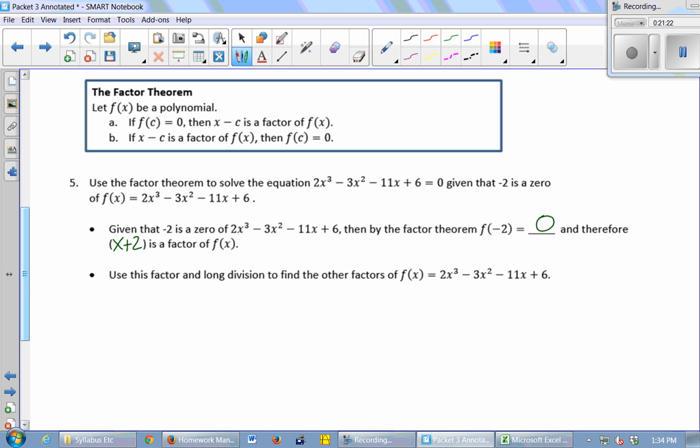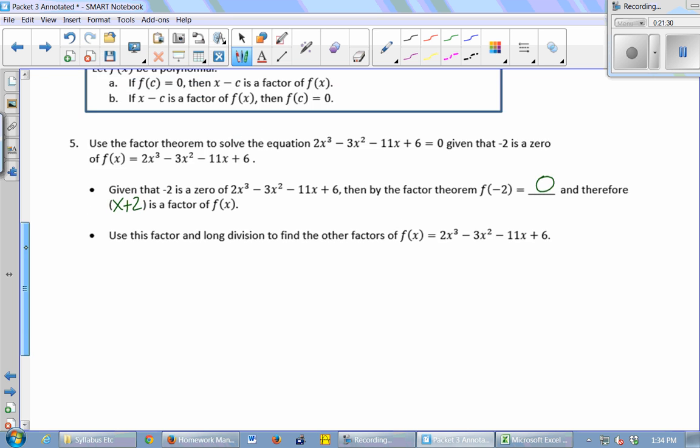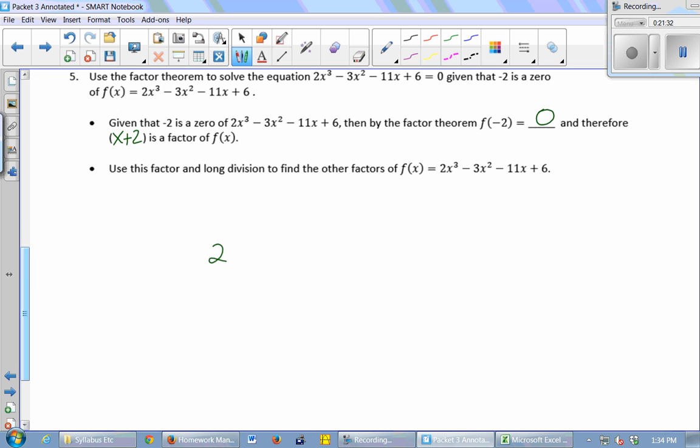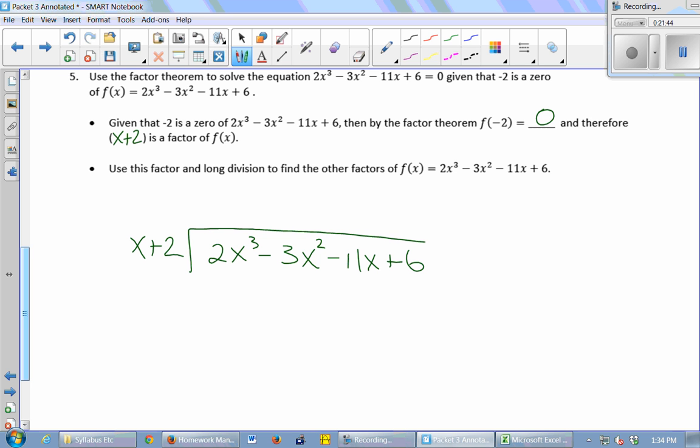X plus 2 is a factor. So then we'll use that factor together with long division to find another factor. Okay, so I'm going to take my 2x cubed minus 3x squared minus 11x plus 6 and divide by x plus 2.